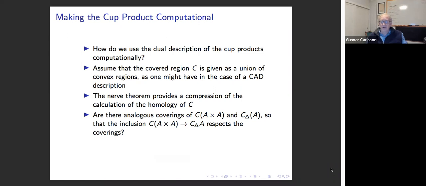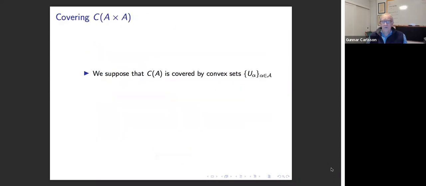So the question is, are there analogous coverings of the complement of A cross A and the complement sub delta of A, so that these inclusions respect the coverings? This is joint work with my collaborator Brad Nelson. So we suppose that C of A is covered by convex sets U alpha.